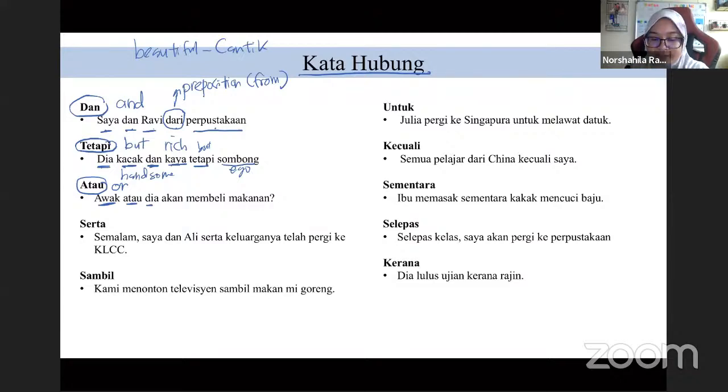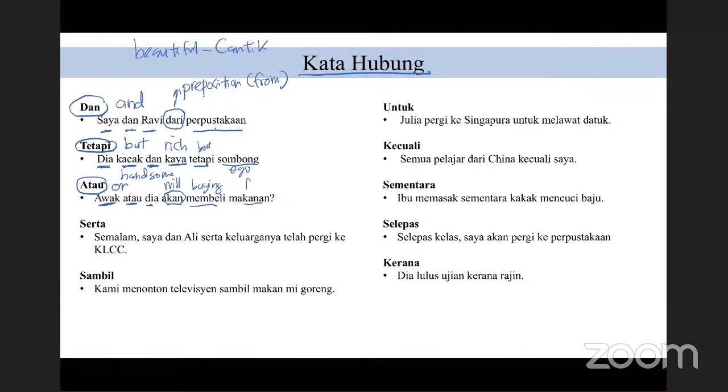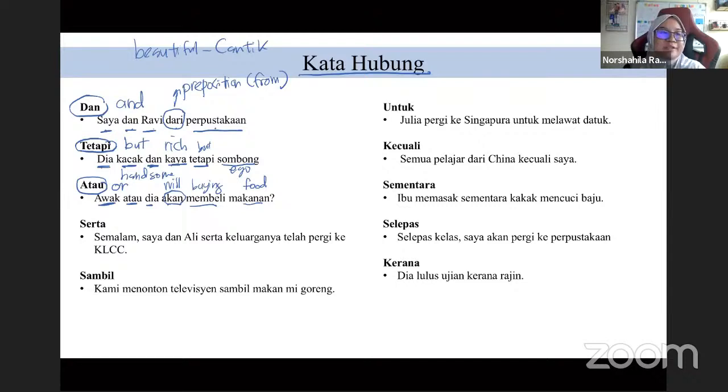You or him or her akan, okay, will, membeli is buying. Okay, makanan is food. Thank you. So, you or her will buy food. Okay, so I hope you understand.